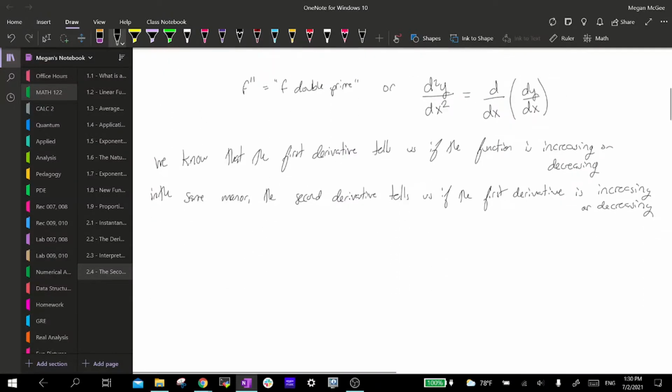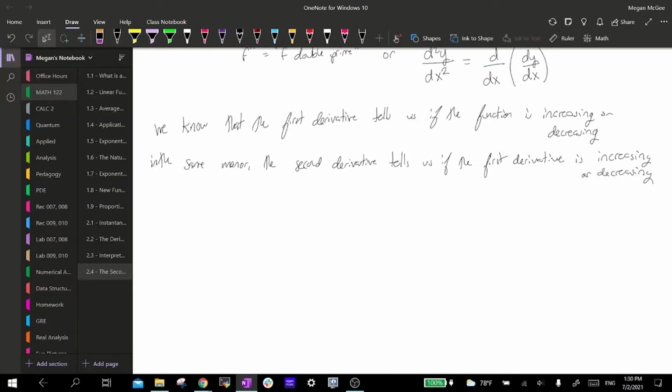Alright, so now we need to talk about what does it mean for a derivative to be increasing or decreasing. Alright, so this is the rate of change of the rate of change, right? So this has to do with concavity.